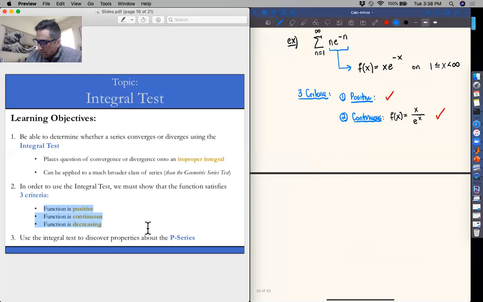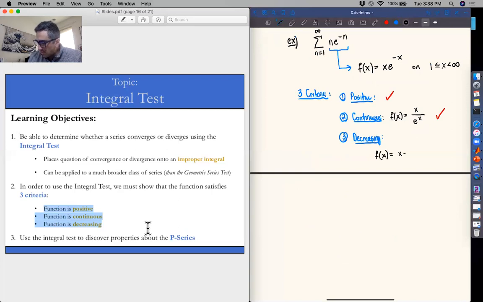Now, the third piece of criteria we get to check is whether this function is decreasing. And this is where we get to remember a little bit of our Calc A tools. So remember, if a function is decreasing, its derivative must be negative. So what we're going to get to do is compute this function's derivative.